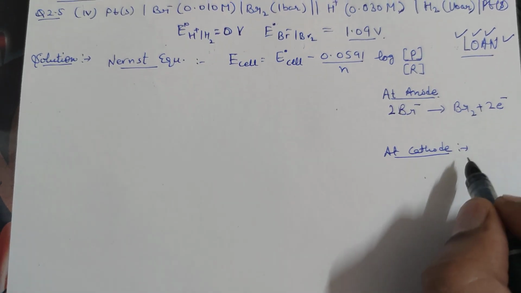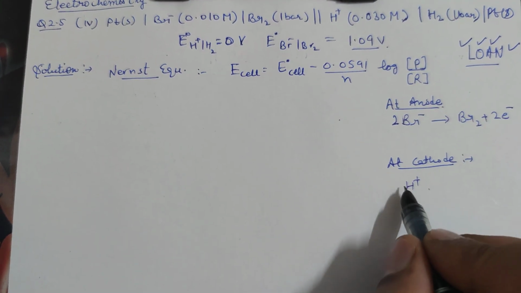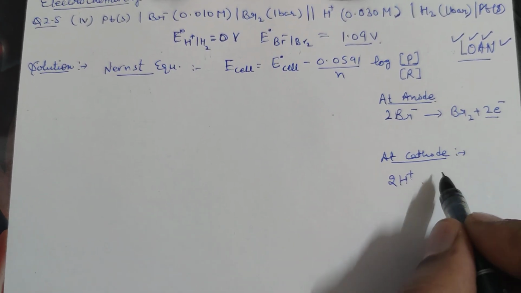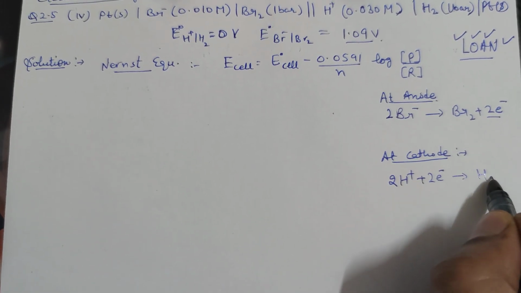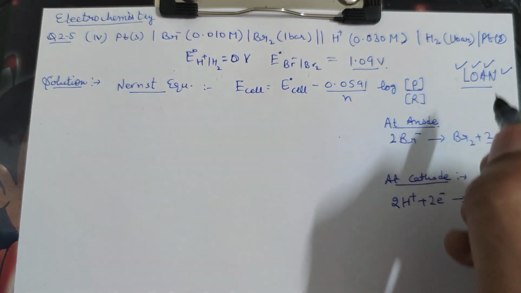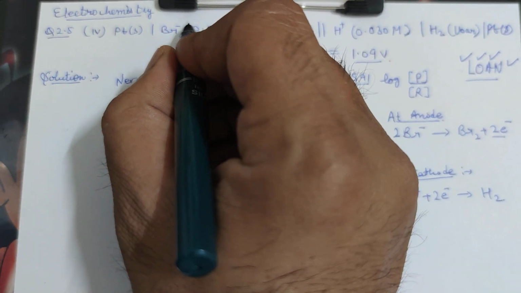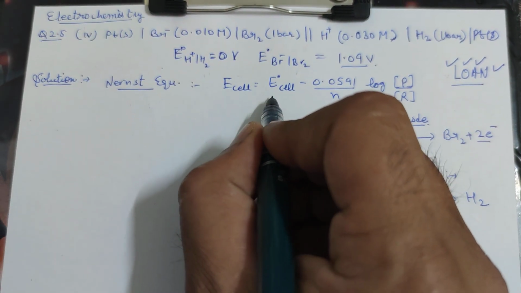Now similarly at the cathode side we have hydrogen ion. So 2 hydrogen ions will gain these 2 electrons which are lost by bromide. After gaining these electrons, hydrogen gas will be produced. So hydrogen gas will evolve at the cathode side and bromine will evolve at the anode side. Now the next value which we have to find out is this E0 cell value.